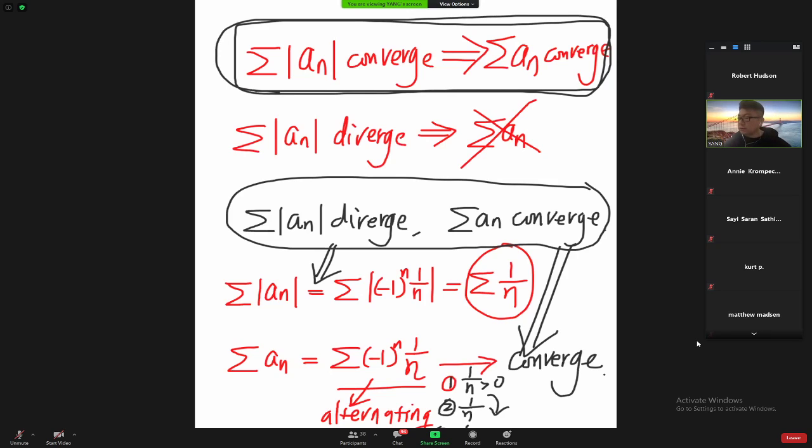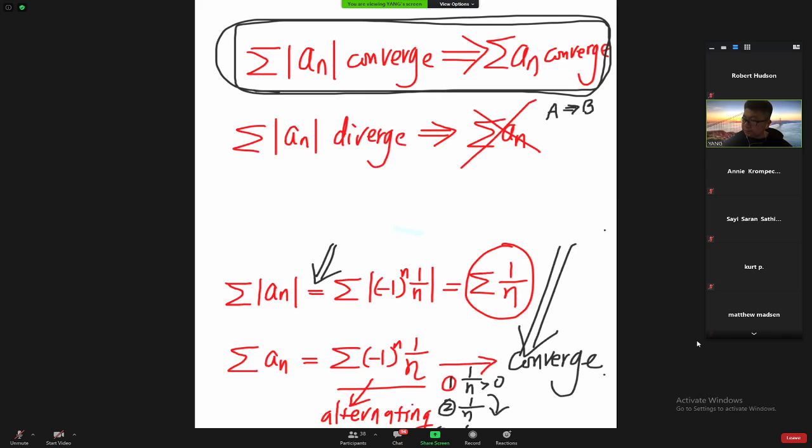Okay, so A goes to B. This is actually the basic logic for middle school. If A goes to B, not A goes to where? Not B?